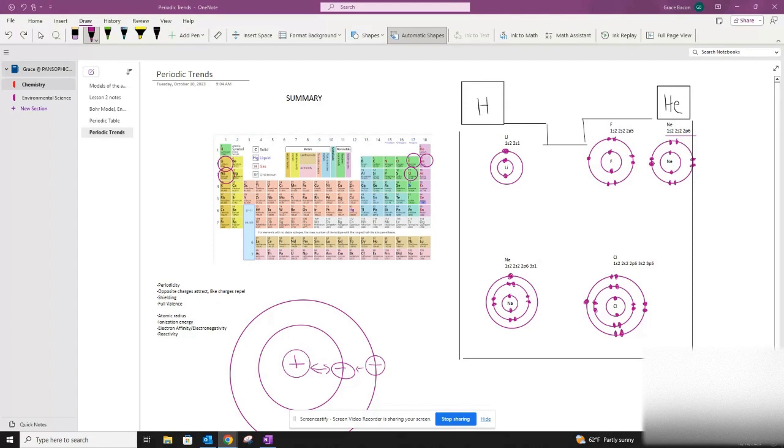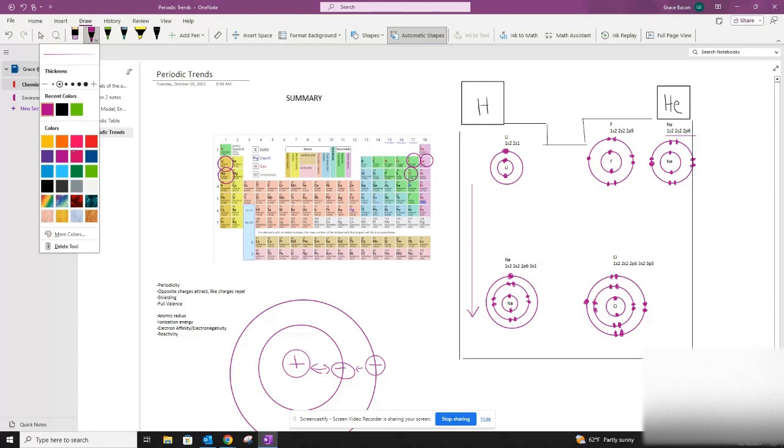So as I move down the periodic table, because of these additional energy levels, my atomic radius is going to increase, meaning that these atoms on the lower part of the periodic table are going to have a bigger radius. They're going to be larger atoms than the ones at the top of the periodic table.